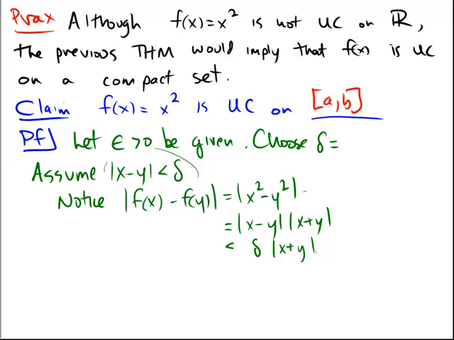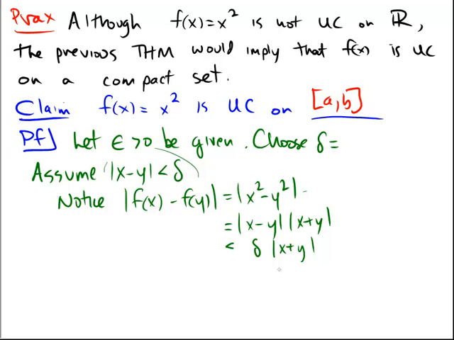Now, what is the absolute biggest that |x plus y| could ever be? Well, we're on a bounded set now, right? So no matter how far away can x and y actually be from each other? How big can these actually be? Well, the biggest value would be something like the endpoints, right? How far apart could these points be?